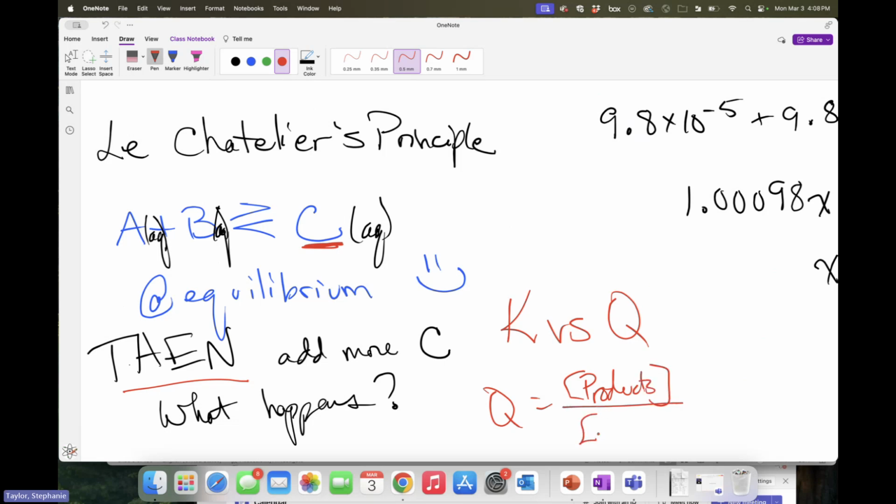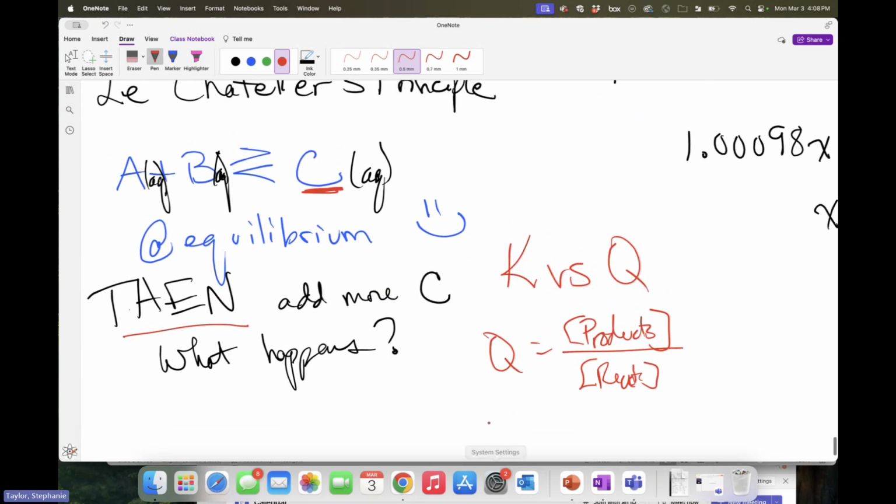If I add more of a product, then I should get a Q value that's bigger than K. So if I add more C, the reaction needs to shift back to the left to deal with all the products that suddenly got dumped in there. If I was at equilibrium, but now the number of products went up, my Q value is now larger than K. Since my Q value is larger than K, I should see a shift back to reactants because my K value is smaller than Q.